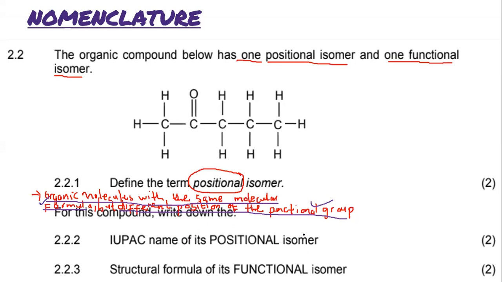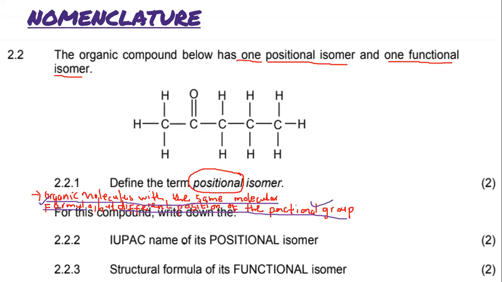Now, what are the mistakes that you are doing? Some of the learners, they omit organic molecules. They will just write same molecular formula, but different position of the functional group. What has the same molecular formula? You are not making it clear. So you write in full: organic molecules with the same molecular formula, but different position of the functional group.